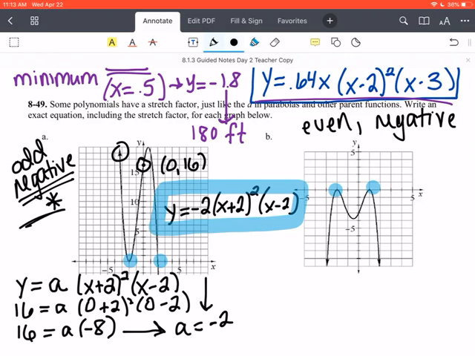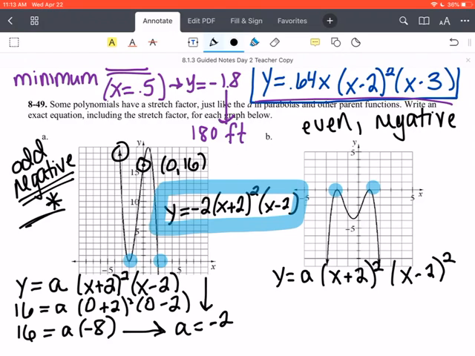So I have y equals a. I can ignore the negative; it'll take care of itself when I put in my point on the graph. And I have x, the opposite of negative 2 is positive 2, squared. And then I have (x minus 2) squared.